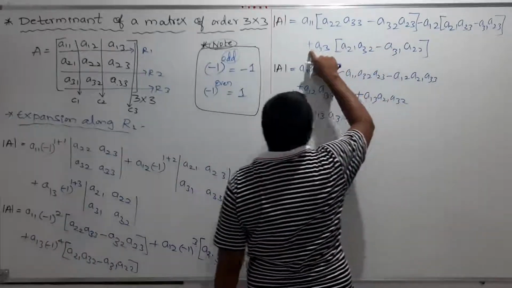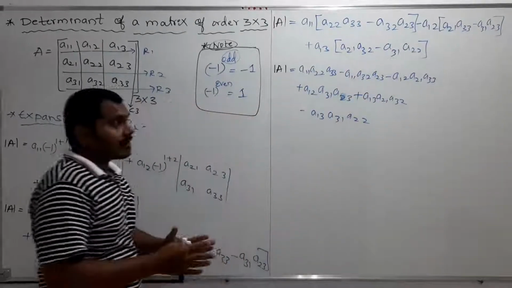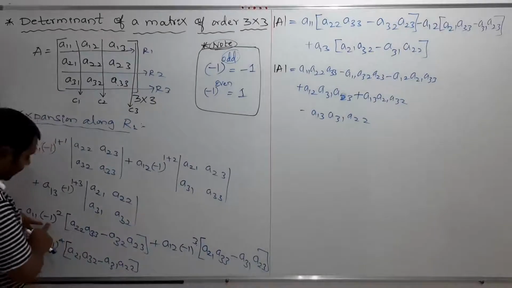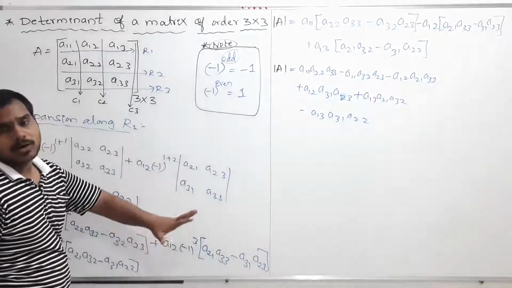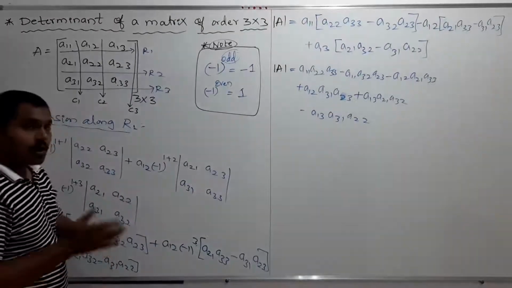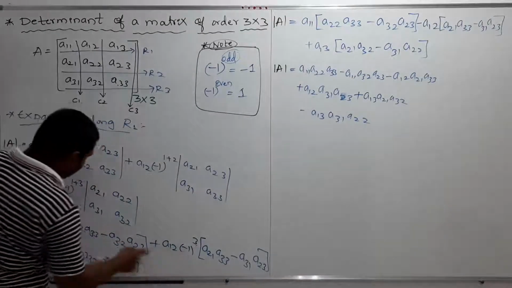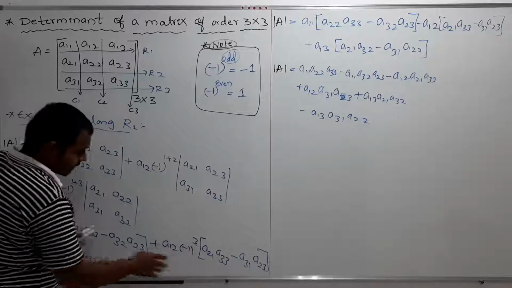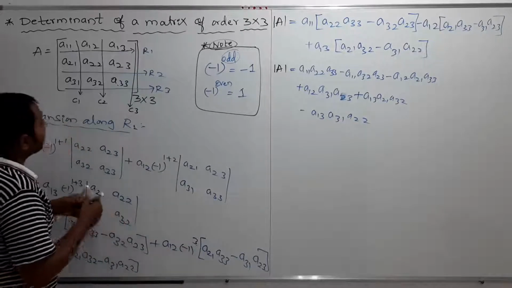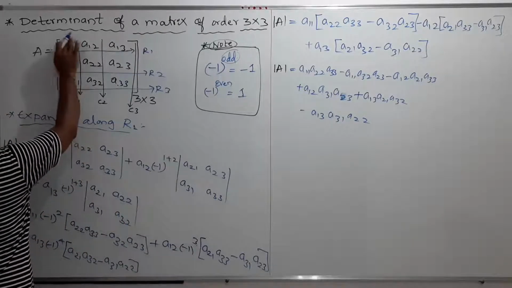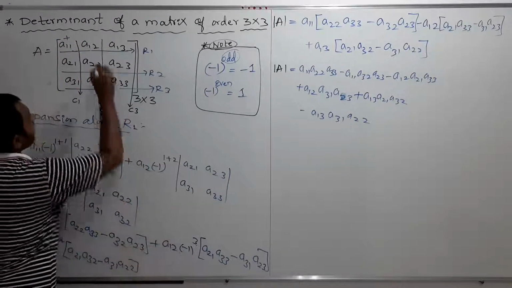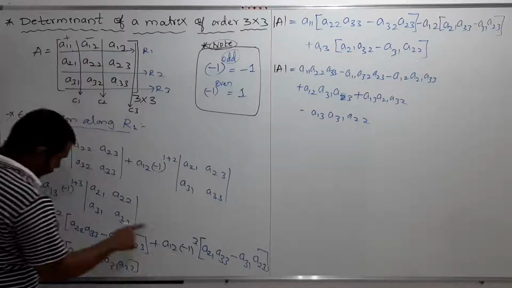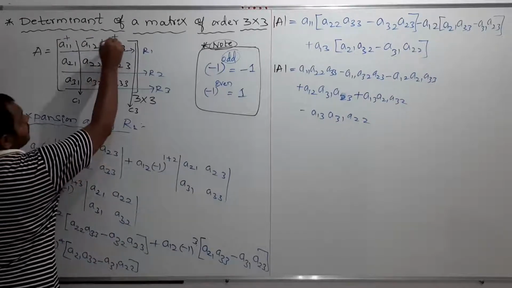To avoid these confusions, instead of multiplying minus 1 whole square, minus 1 whole cube each time, directly for this element we should take plus, for this element we should take minus, and for this element we should take plus.